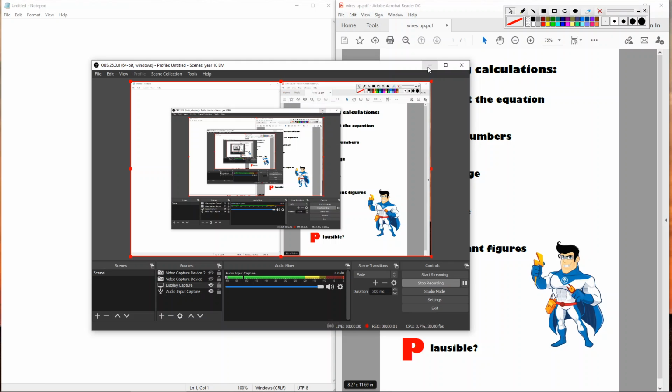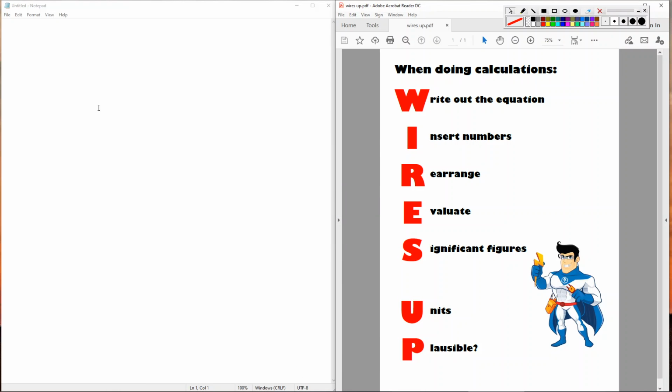Okay, so we've been looking at some units for speed, and we agreed that in all different cases, the units for speed always involved a distance and a time.